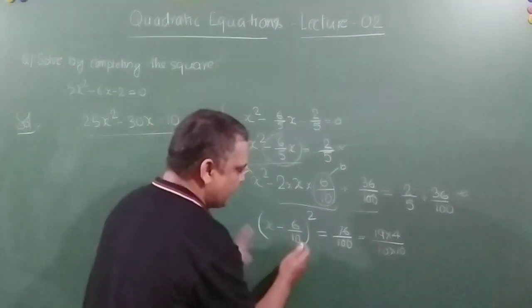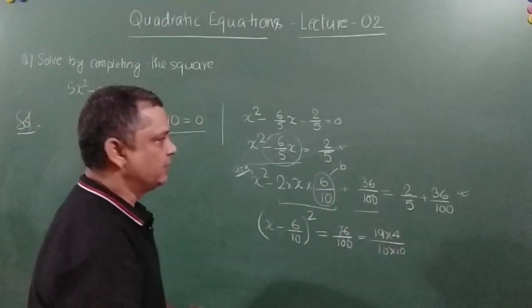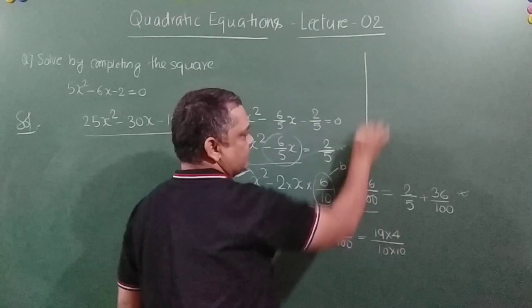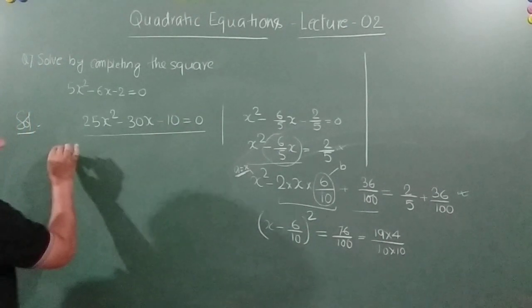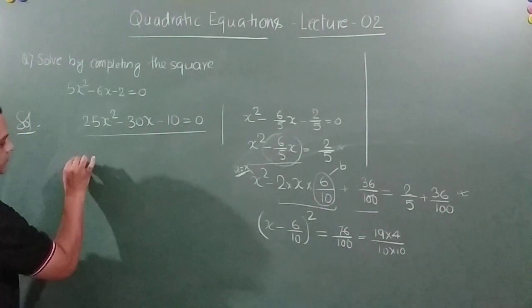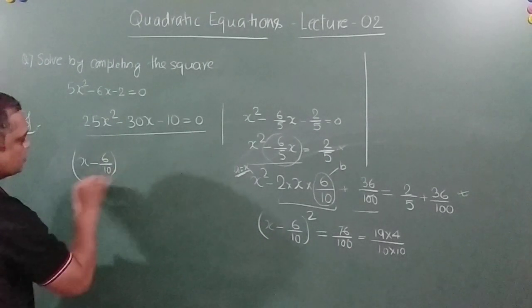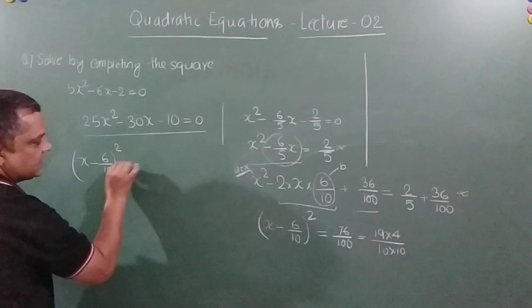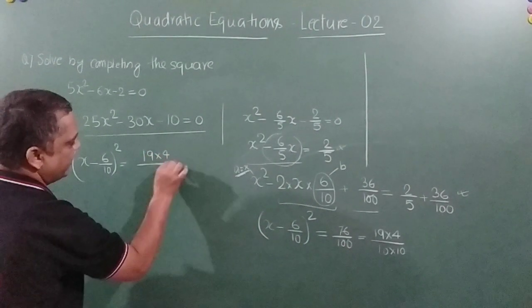Now, what I'm going to do is take the square root on both sides. Okay, I'll just complete it here, my friends. That part of the board is little. So x minus 6 by 10, okay, whole square is equal to 19 into 4 divided by 10 into 10.